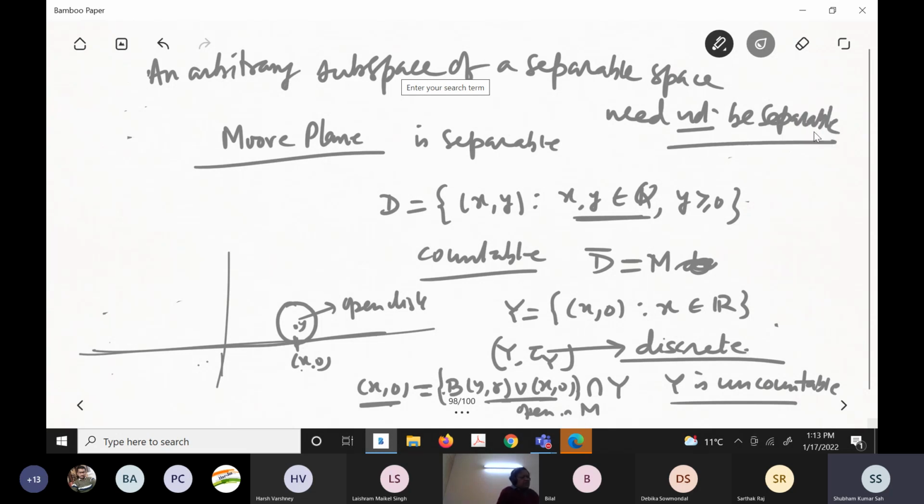I need only this much. Just try to understand the Moore plane. That will be good enough. And whatever results I have asked you, I left as exercise. Basically, I proved everything, and that you should prove. Okay, so this is the thing.